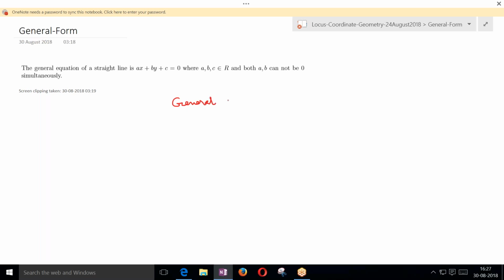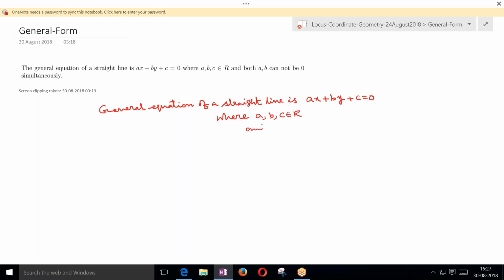The general equation of a straight line is ax plus by plus c is equal to 0, where a, b, c belong to the set of real numbers, and a and b cannot be 0 simultaneously.